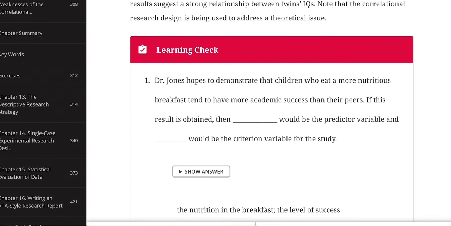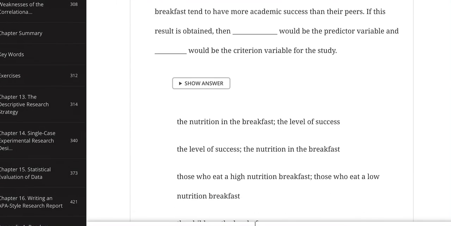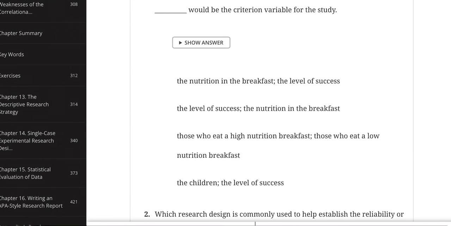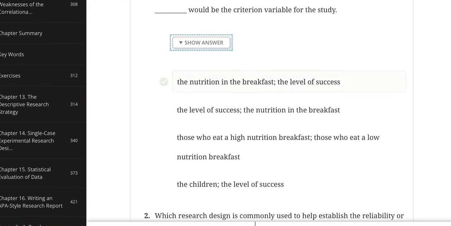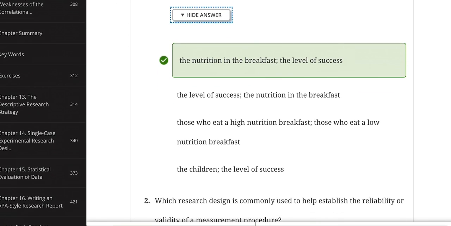If the more nutritious breakfast is predicting the academic success, then the predictor variable would be the nutrition level of the breakfast, and the criterion variable, what you are predicting, would be the level of academic success. So that would be this first answer here, again, because the breakfast is what is predicting the level of academic success.